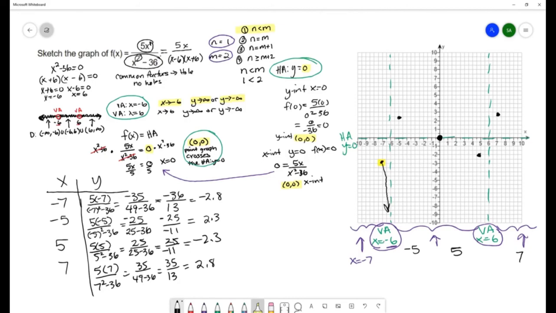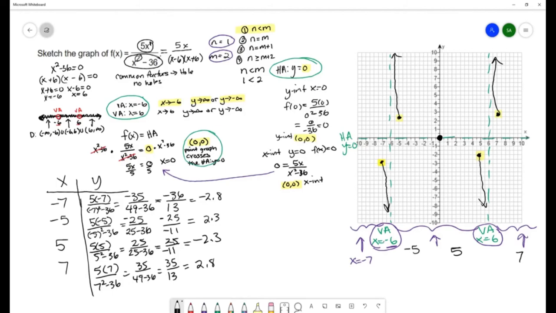And this point is in the positive, so I know the graph will be approaching positive infinity on that side. And we can do the same thing here. This is in the negative, so the y will approach negative infinity. This one's in the positive, so it'll approach positive infinity.